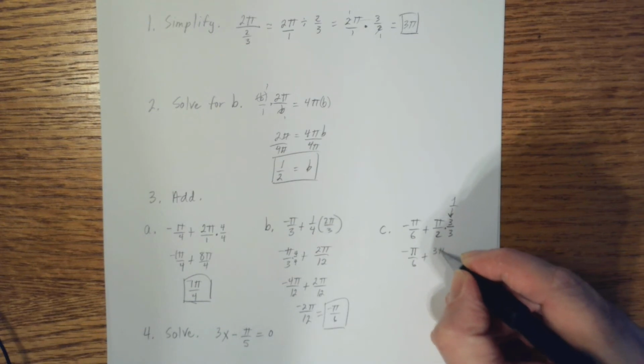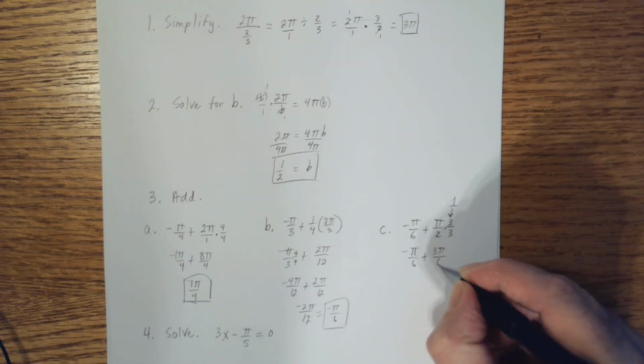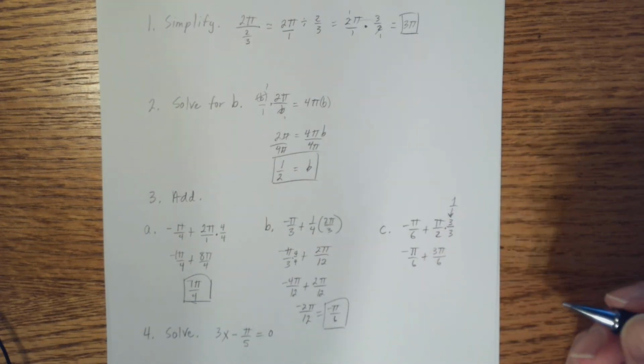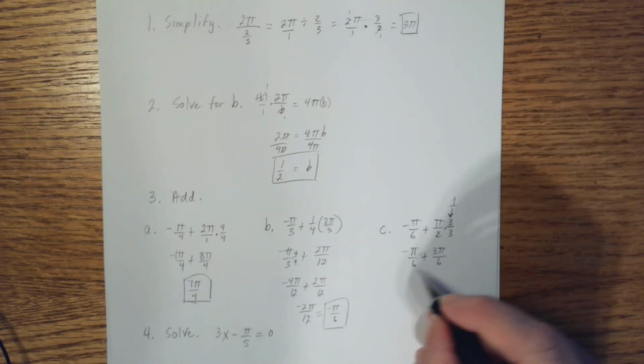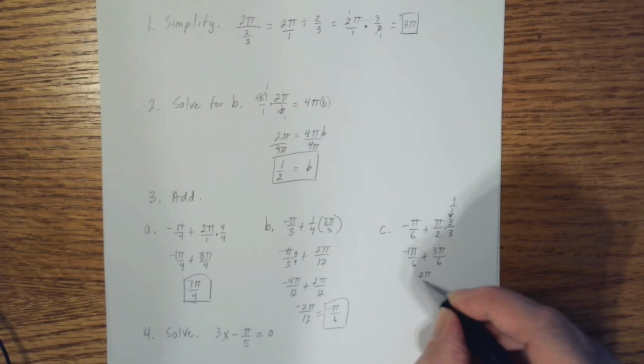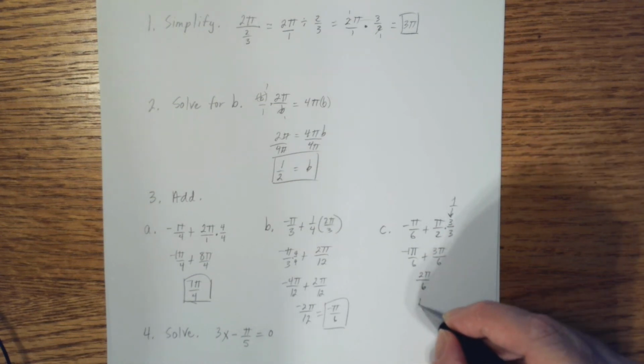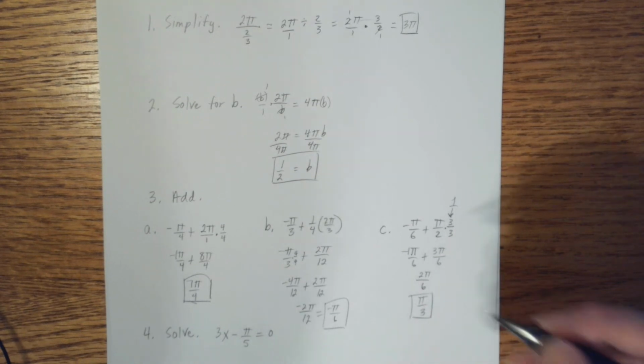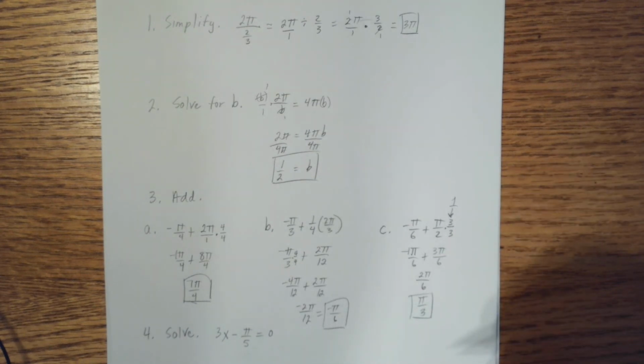And so we get 3 pi over 6, which is equivalent to pi over 2, but now we have the denominators the same. This is negative 1 plus 3, which is 2 pi over 6, which reduces to pi over 3. Just divide by 2 in the numerator and denominator.